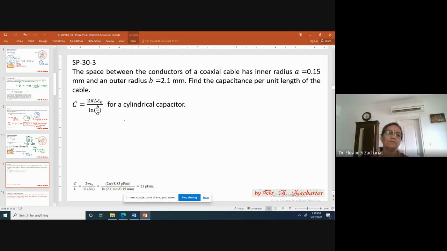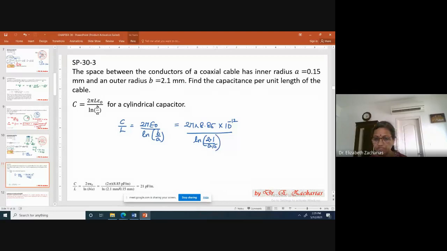So capacitance per unit length is 2 pi epsilon naught divided by natural log of b by a. Substitute. Both are in millimeters, so I don't have to do any conversion here. I can simply put 2.1 divided by 0.15.